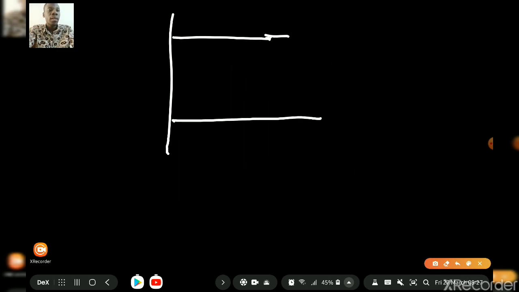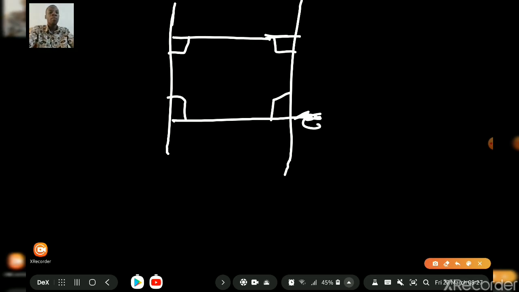So let's say this is my square. For a square, the interior angle is equal to 90 degrees, so you have 90, 90, 90, and 90.